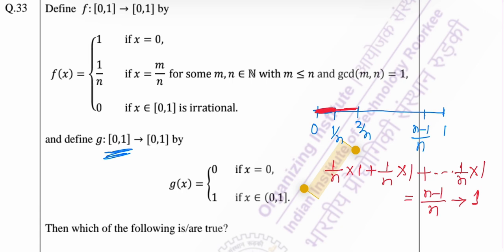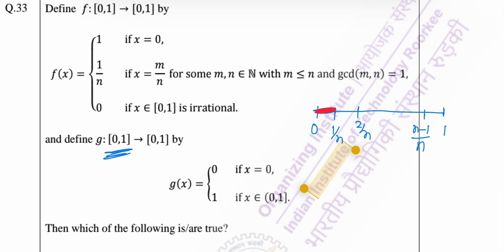Now we do the same, but this time we take the value of g(x) in each subinterval to be the minimum value, and see what we get. So this time we take the same interval, the first subinterval, its length is 1 by n, and in this interval we take the minimum value, then it is 0, obviously it is 0 at x equals 0.